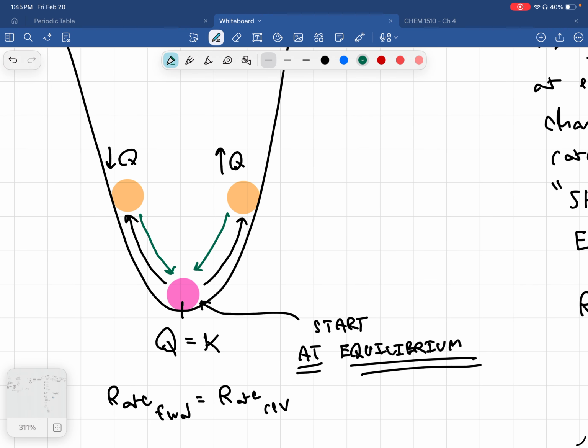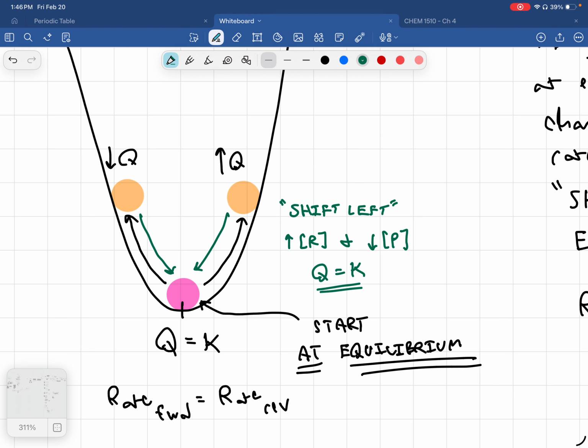So if you do something to push the ball up on the right side, then it will shift left to get back to equilibrium, meaning it will be forced to increase the concentrations of its reactants and simultaneously decrease the concentration of the products until Q equals K again. So that's why it's shifting.